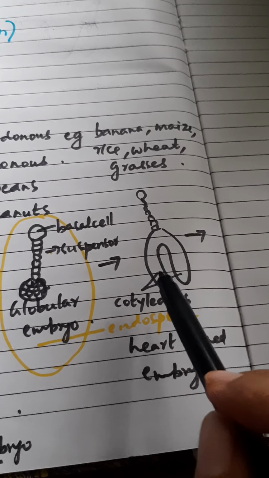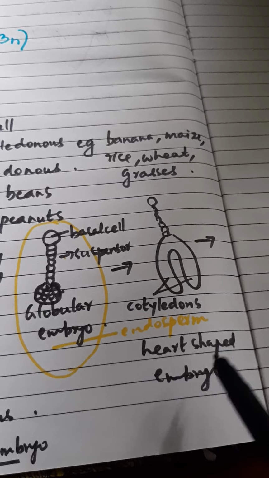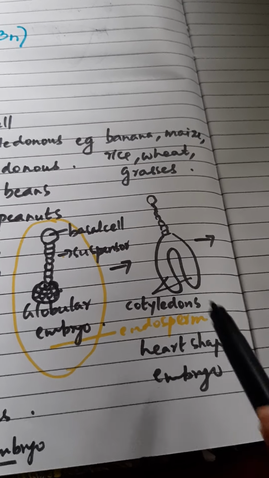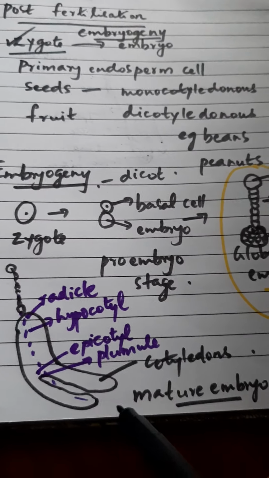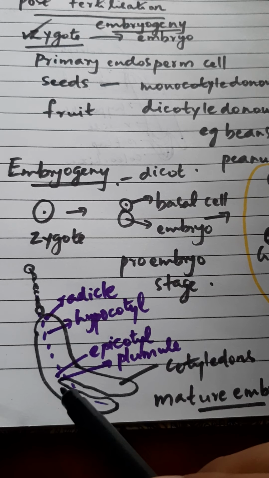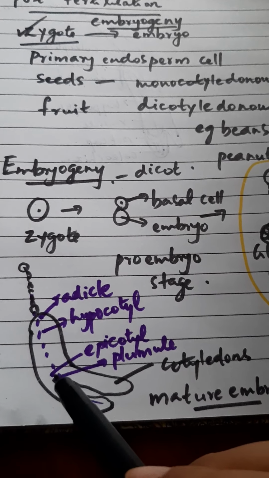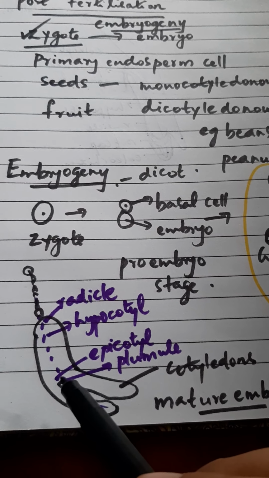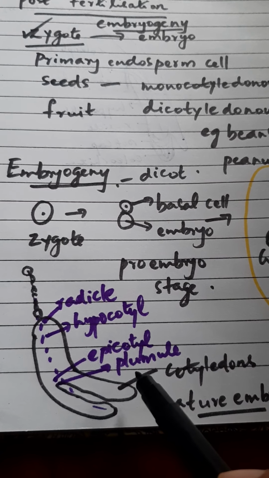Globular embryo will divide further and become heart shaped. So, this stage is called heart shaped embryo. Actually, the heart shape what you see, they are cotyledons. The final stage is called mature embryo, where the tissue which is present between the two cotyledons is called epicotyl, which will later develop new leaves and they will terminate in plumule, the shoot of the plant.